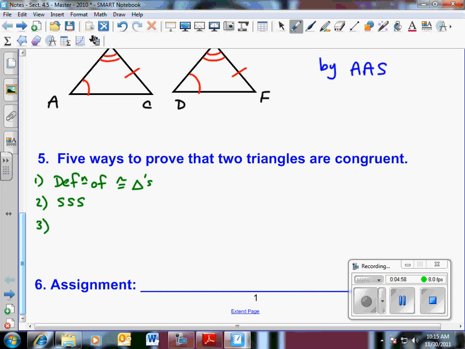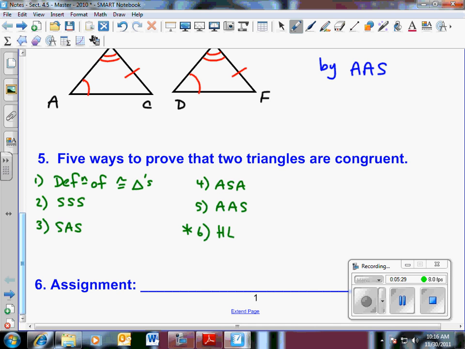SAS. ASA, AAS, and there's one more that we haven't talked about yet. HL. And the HL is kind of a special case because HL stands for hypotenuse leg, which means it only is used to prove right triangles are congruent.